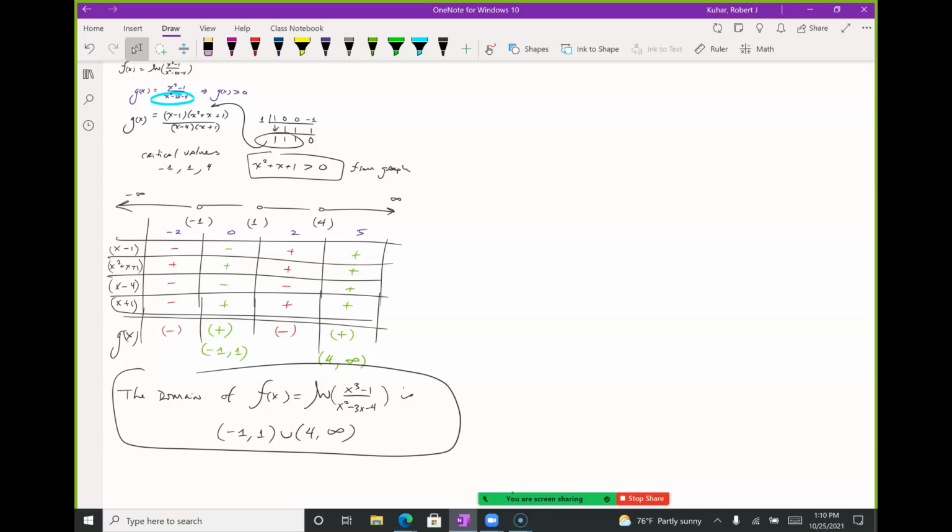Now, you can cheat this. You can cheat the whole thing, right? You can just graph it. And when I graph it, I'm not only going to graph my original function, I'm going to graph my interior function so I can understand what's going on here. So let's go to Desmos.